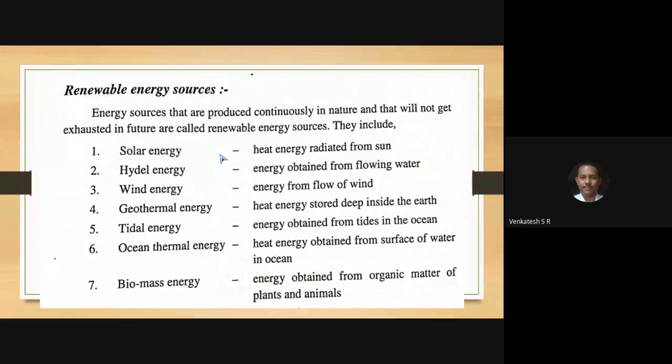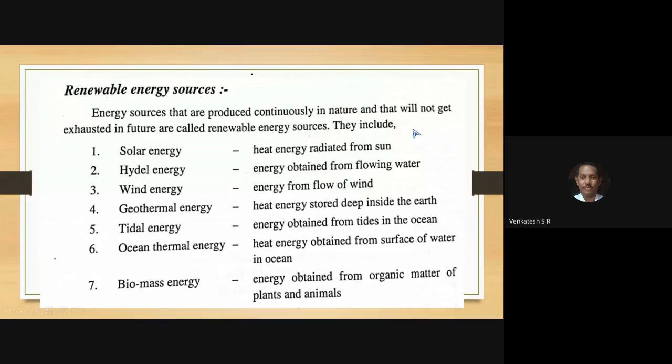So the first renewable energy is solar energy. Electrical energy can be produced by using solar electrical panels, and hot water is produced by using the solar water heater. So this is the advantage of solar energy.